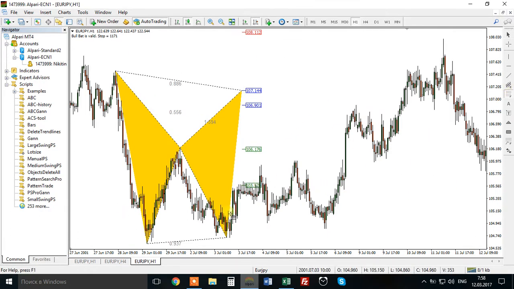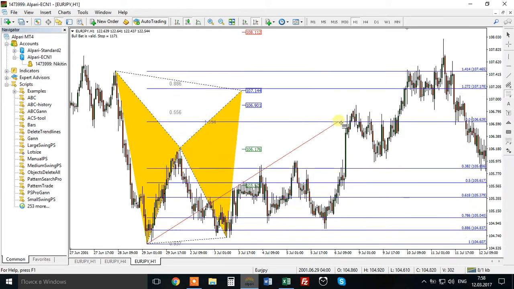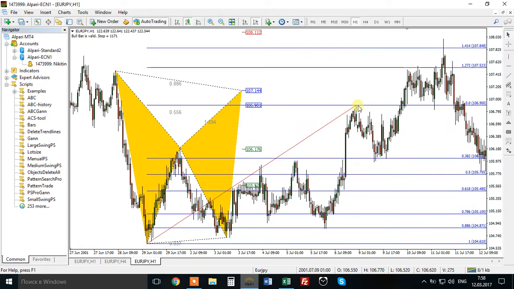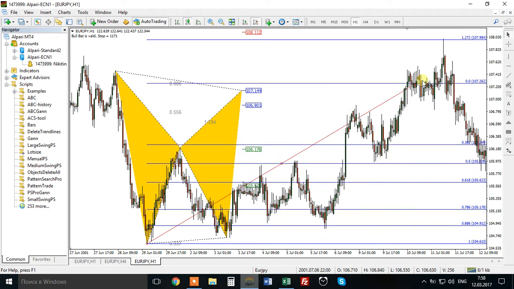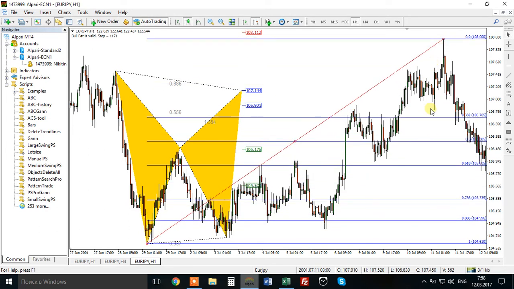Okay, what do we have here? We didn't violate this C point, so this price action is valid. Aha, we may hit 90% and then we hit the target level, so this may be already a trade that was missed. 106.901, 106.900. Well, we didn't hit that. Even one pip can turn everything upside down.